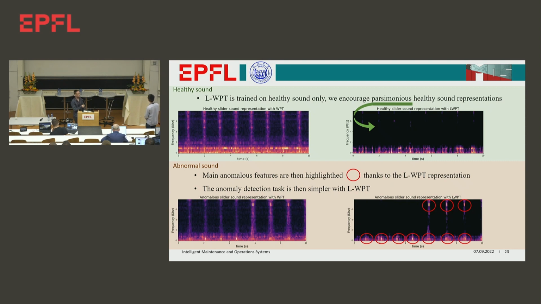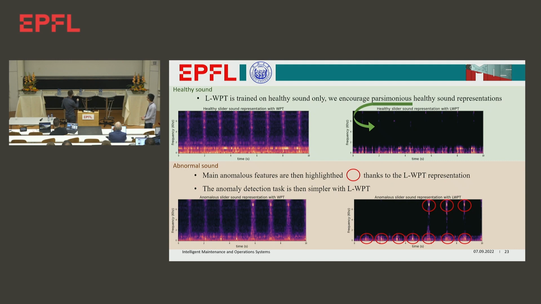We train the learnable wavelet packet transform to encourage parsimonious, sparse normal sound representations. That is to say, we use only the normal sounds for the training, and we want a sparse representation. And here you have an example of a wavelet packet transform applied to a sound.